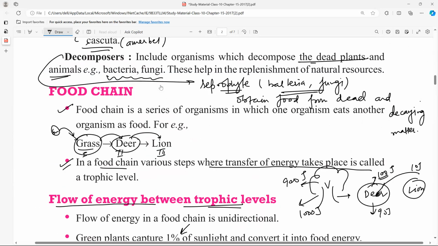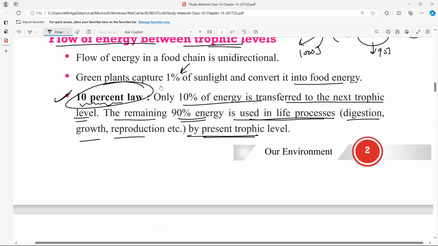Okay, definition you have not written, note it down fast. Then, sir. Okay.